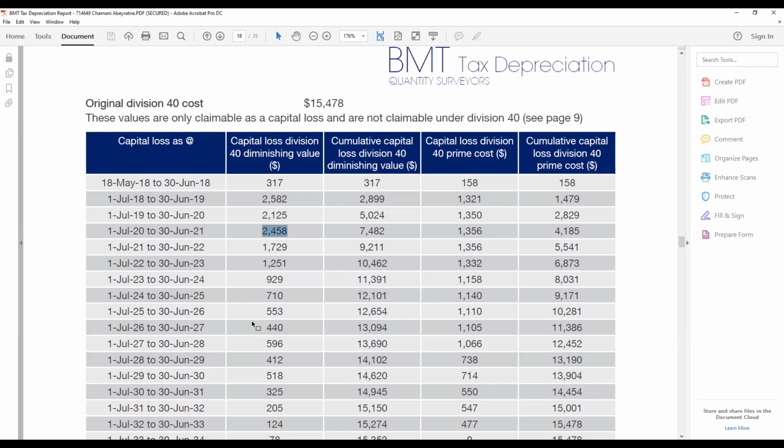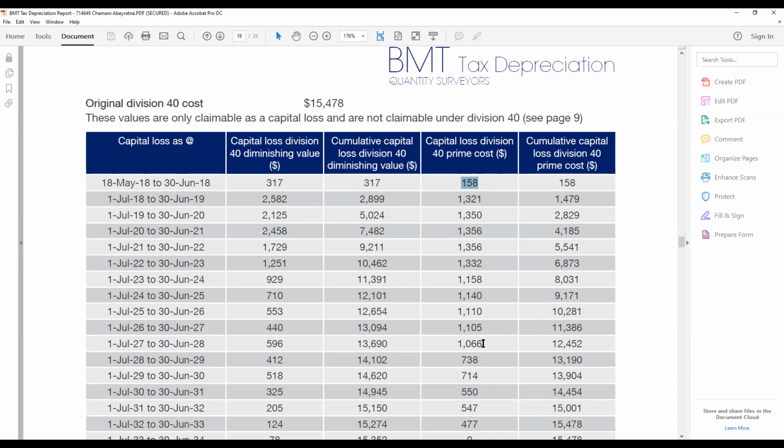So how do we know that? You must check the previous tax return and how much this particular asset was. So when you look into that, what is the method previously used in the tax return? If they used the diminishing value method, you're going to select the diminishing value method. If they used the prime cost method, you're going to use that same method.